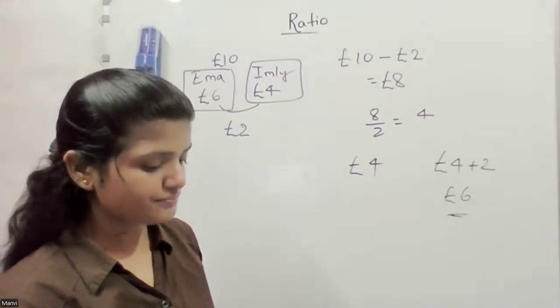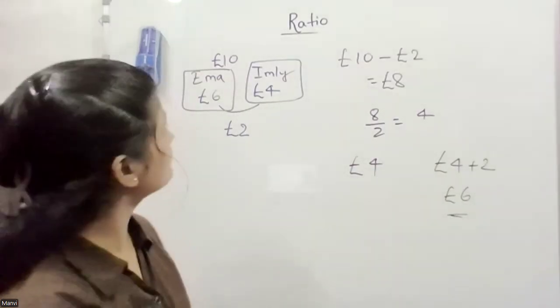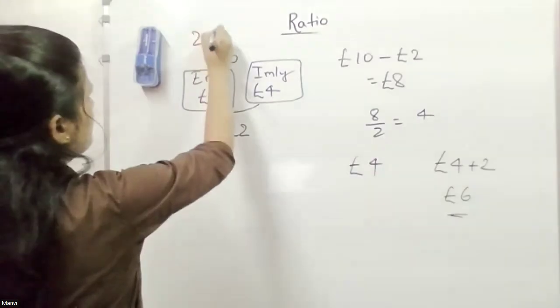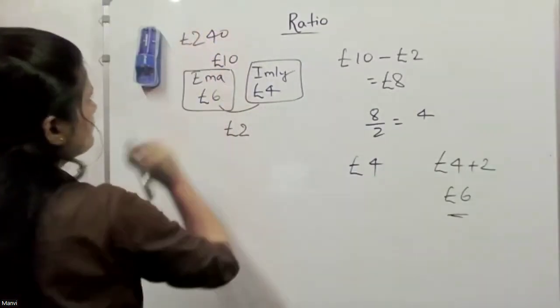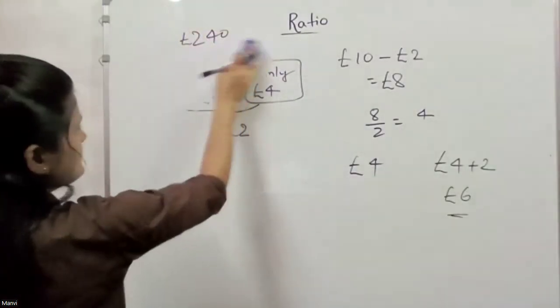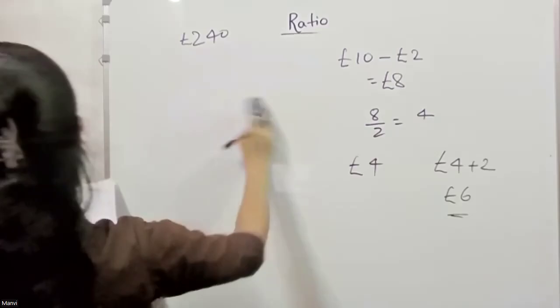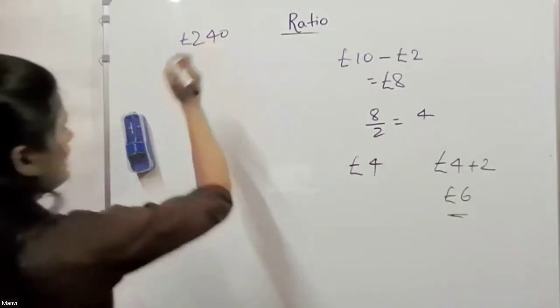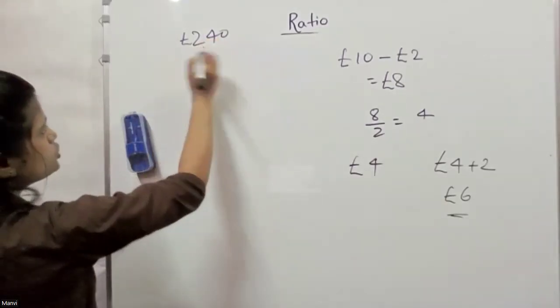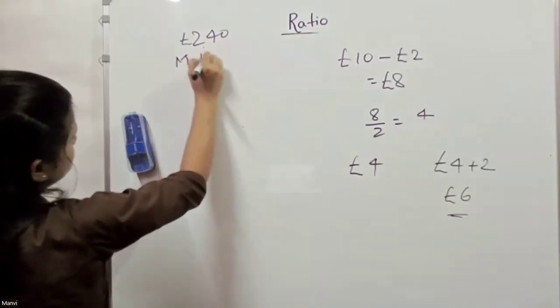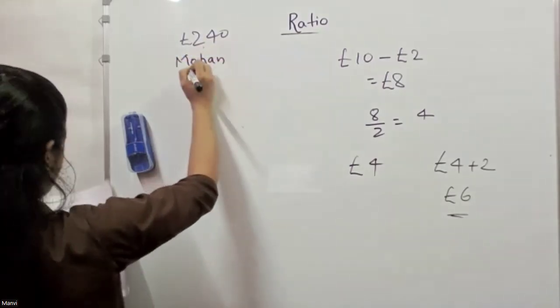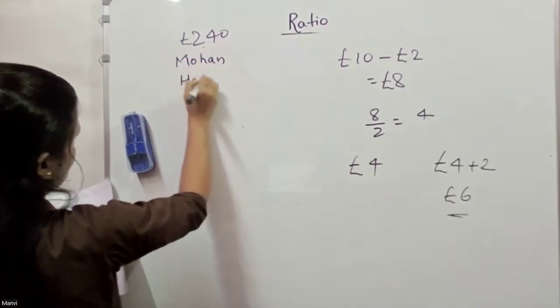Now, Kavya, if we have 240 pound, and they say that the difference is 60, and we need to divide this between 2 children. One is Mohan and second one is Harry.